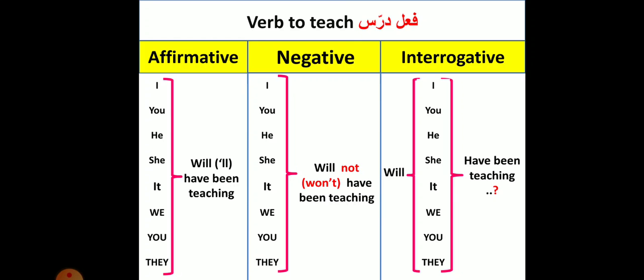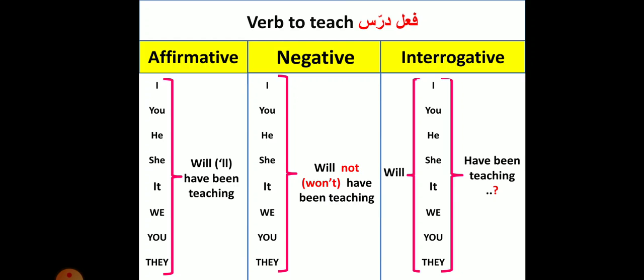You will not have been teaching, he will not have been teaching, she will not have been teaching, it will not have been teaching, we will not have been teaching, you will not have been teaching, and they will not have been teaching. Please practice.